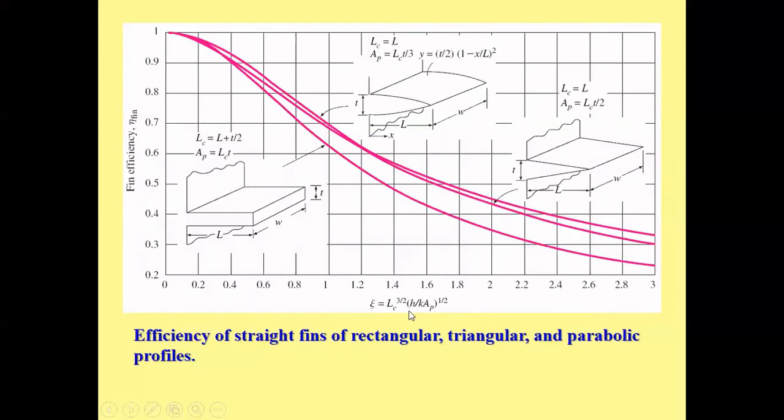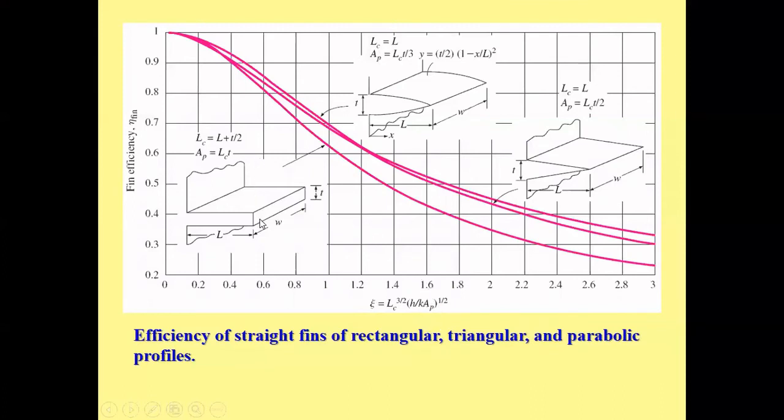There are two other parameters used in this x-axis. There is this Lc here, which is the corrected fin length that you've seen, and then the area of the profile.